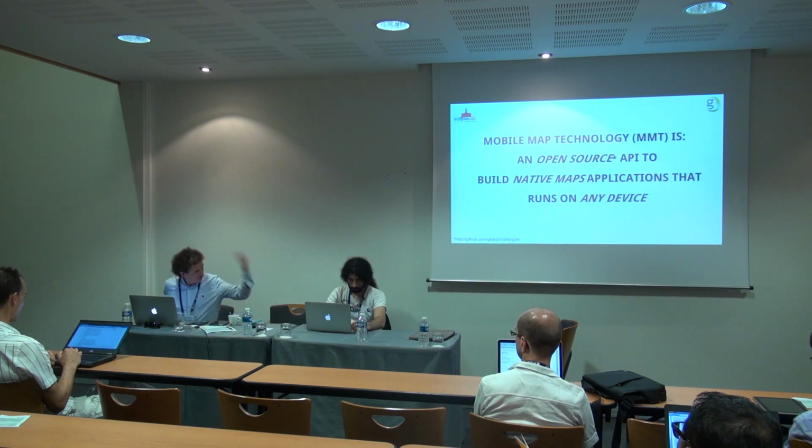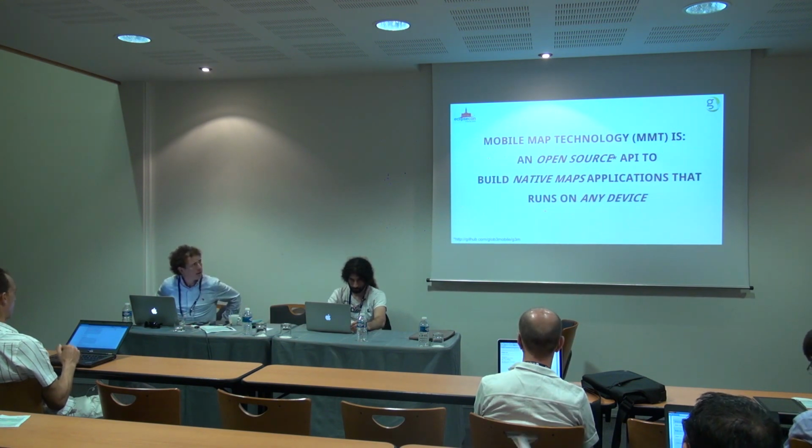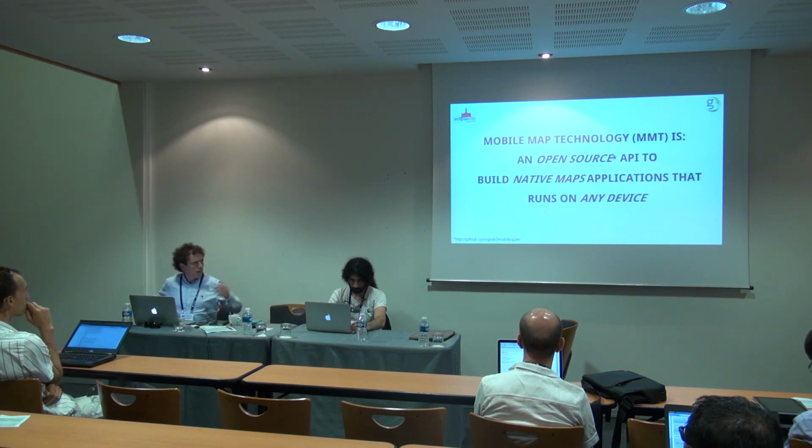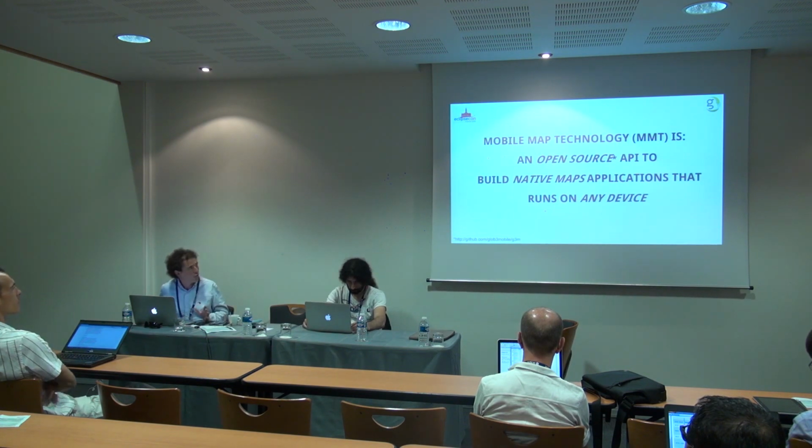We use the SDK to build native maps applications. Later I'm going to talk about why native maps, but the idea is to develop native applications for maps. The applications can be in 3D or 2D. You can select what you want.